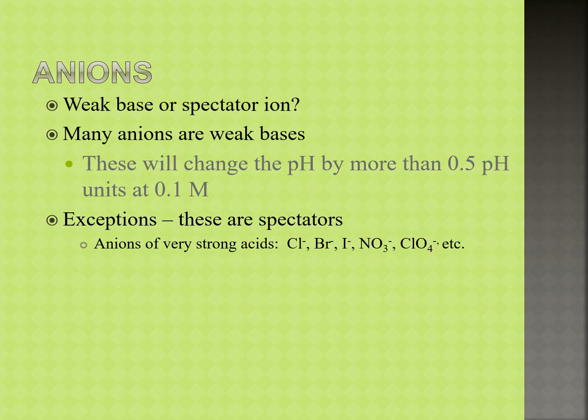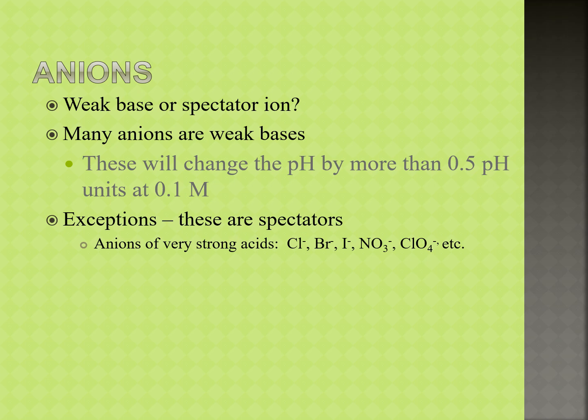Now let's take a look at anions. Anions are a little bit more difficult to memorize, but they can only be either a base or a spectator ion. Again, most of our anions are going to be weak bases. However, we have some exceptions.